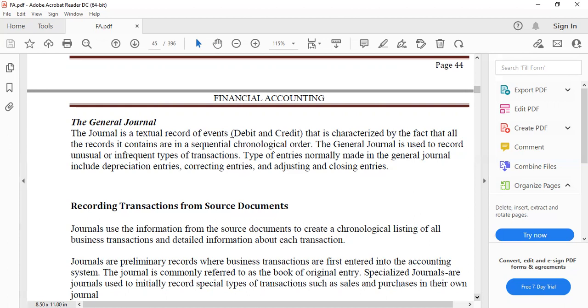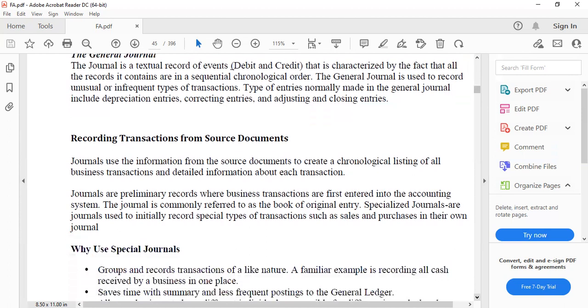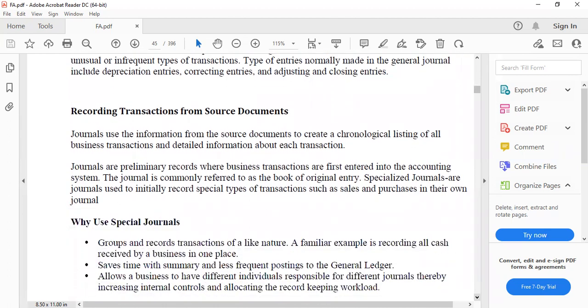A good case, if you want to make correction of some entries you made, you bring that information into the general journal. If you want to make some adjustments, maybe you made an error, you bring the information to the general journal. Good. Now, we want to look at recording transactions from the source document.